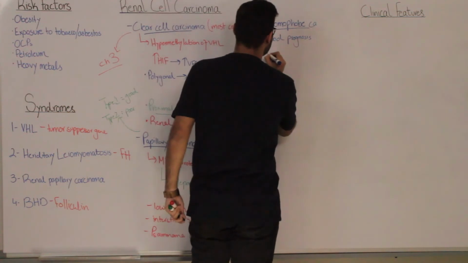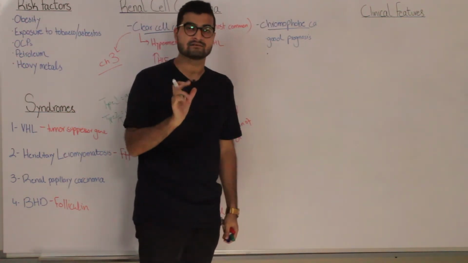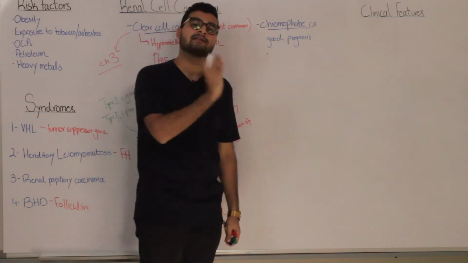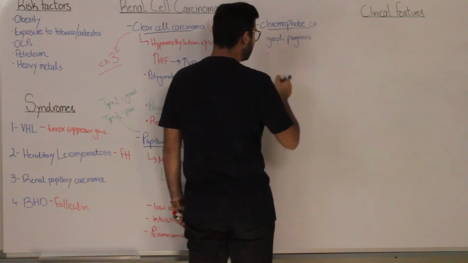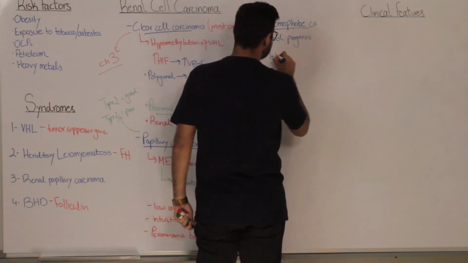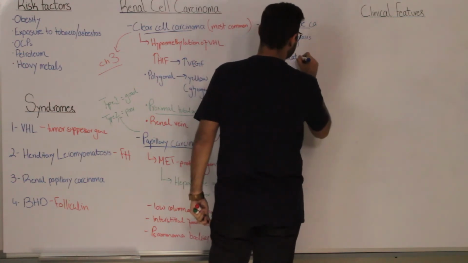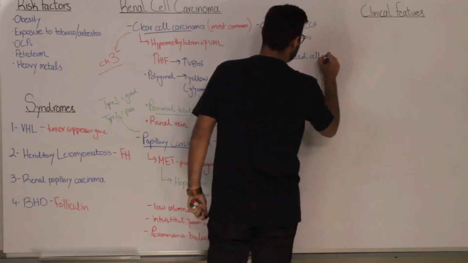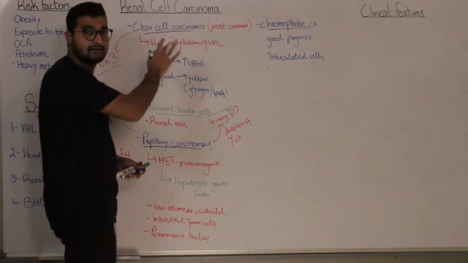Now what happens in chromophobe carcinomas is that you have the intercalated cells of your collecting ducts involved. So which cells are going to be involved? The intercalated cells that are present inside your collecting ducts. Over here we had trisomies, over here we had deletions.